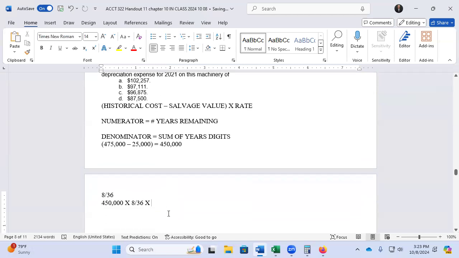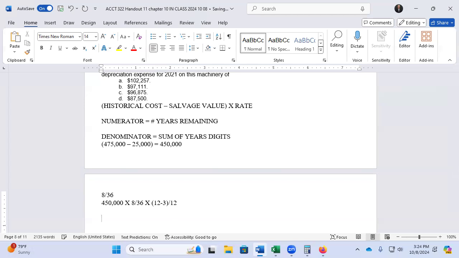And so it was placed into service October 1 in 2020. So how many months? It went through 3 months already. So what you have to do is go 12 minus 3 divided by 12. Because we want 9 months of 2021, right?